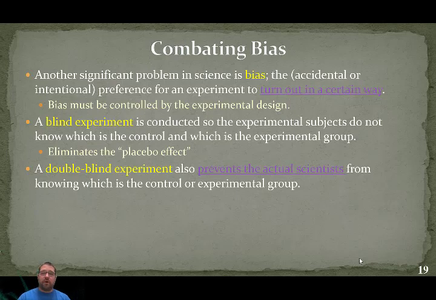Okay? And that's why most drugs are set up in what we call a double-blind experiment, okay? Which means that the scientist doesn't even know which individual got the placebo and which individual got the real drug. Okay? They don't know until the very end of the experiment which group is the control group and which group is the experimental group.